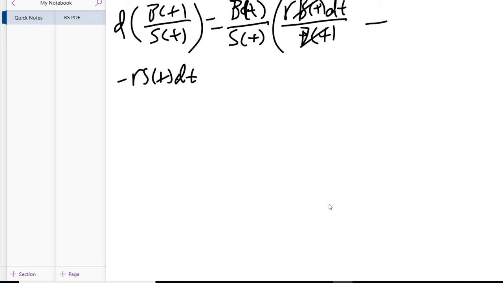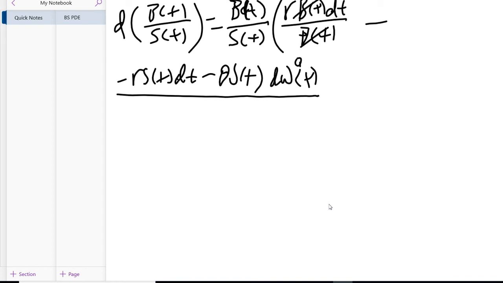Given that we're subtracting here, I'm going to write a minus here, so you understand why those two are minuses.